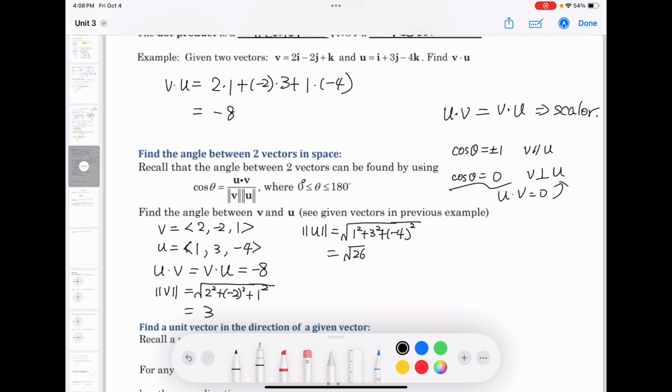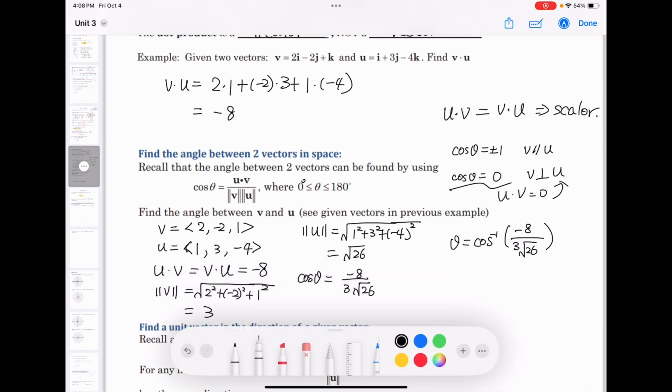How about cosine theta? Cosine theta is equal to -8, that's the dot product, divided by 3 times the square root of 26. And to find theta, just take the inverse cosine of -8 over 3 times root 26. This must be an obtuse angle because of the negative value.